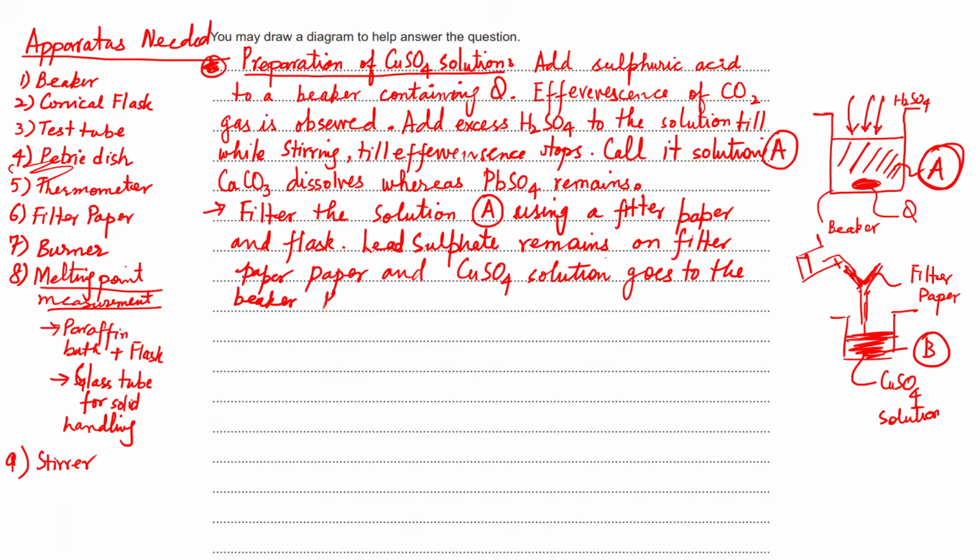Call it as B. That's it. Okay. So you can say we have now created complete copper sulfate solution and we are calling it as B. Okay.